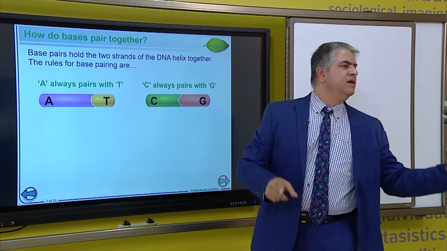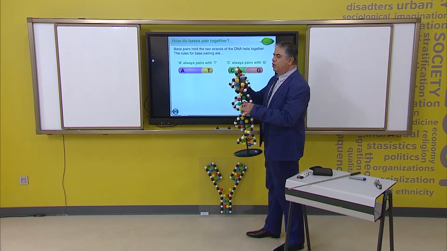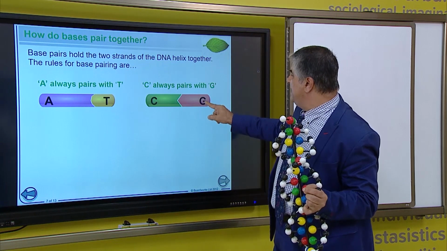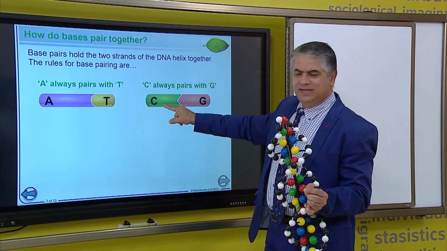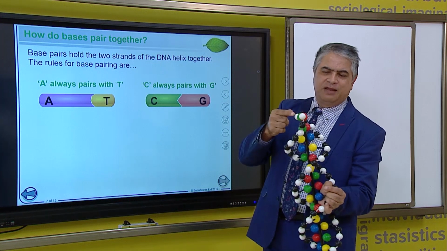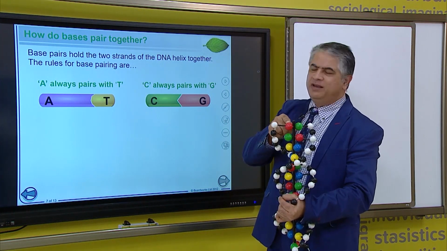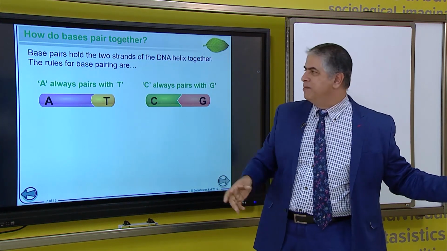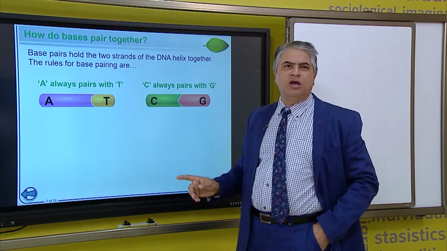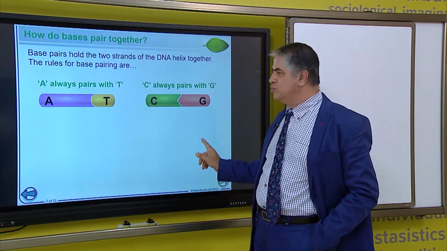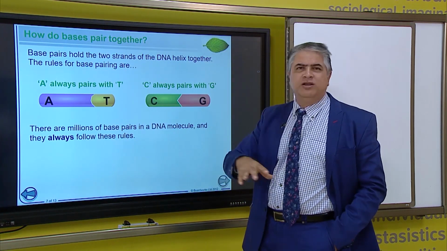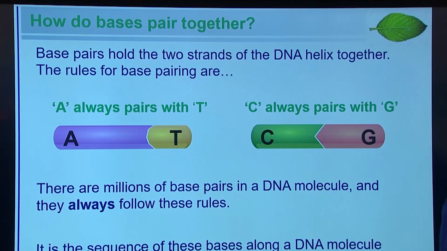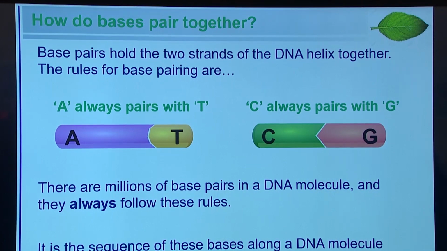That is, the yellow is always with blue. C is always with G. That means the green and red are always together. So there is a specific bonding that occurs only according to this rule. And all your DNA molecules follow this rule, no matter how many millions there are.